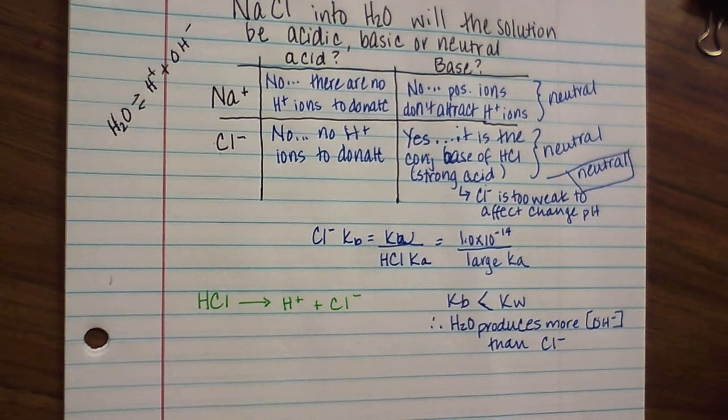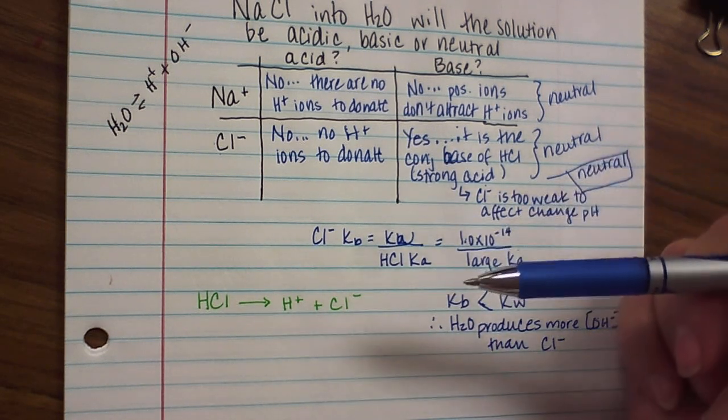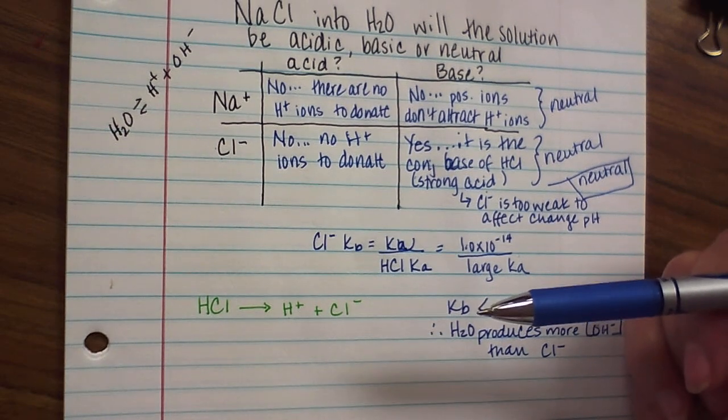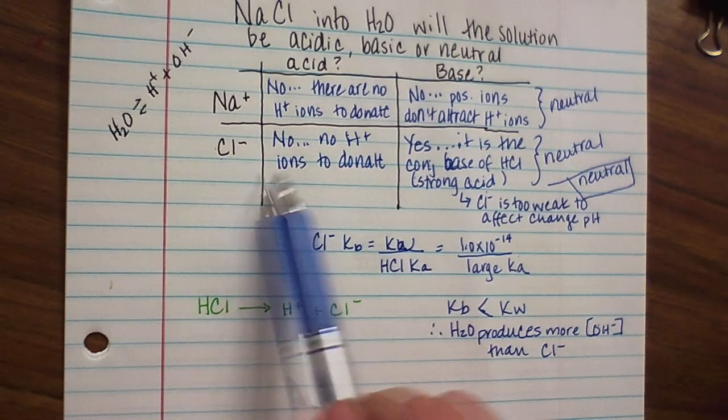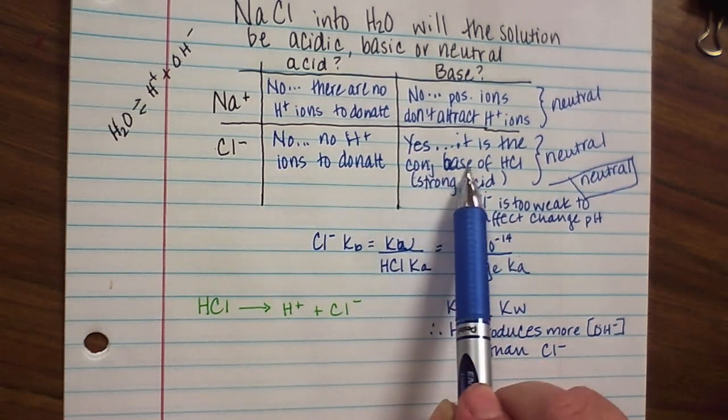So, I'm just double checking to make sure I included everything. We talked about that to be a Bronsted-Lowry acid, you're going to donate the hydrogens. To be a Bronsted-Lowry base, you have to be able to accept the hydrogens.